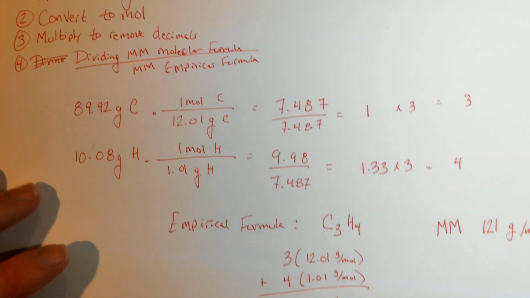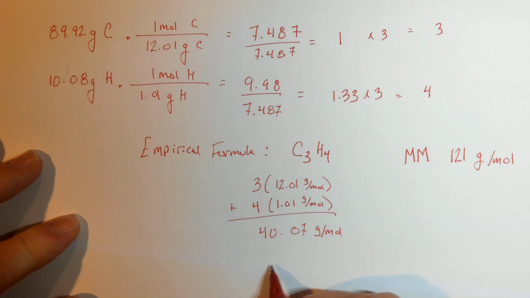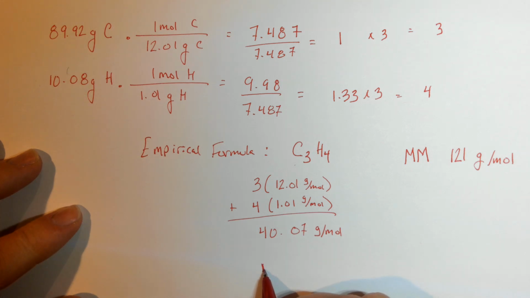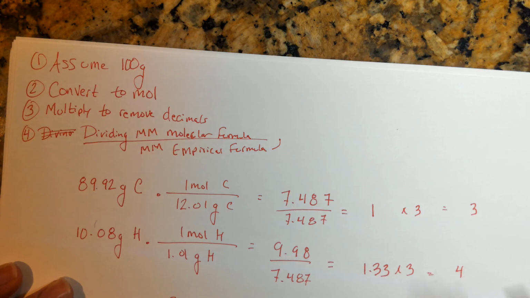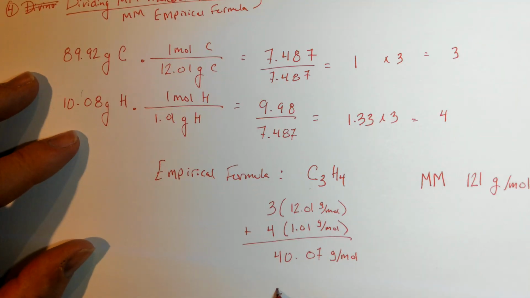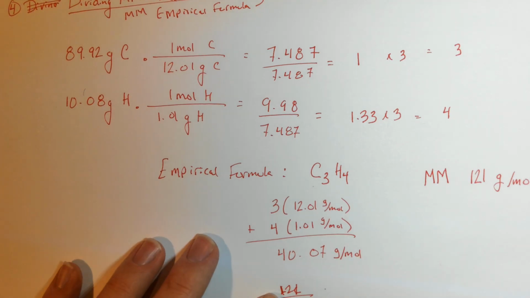I'm sorry, it's the other way around. No, it's not. No, that's the right way. This is 121 divided by 40.07.